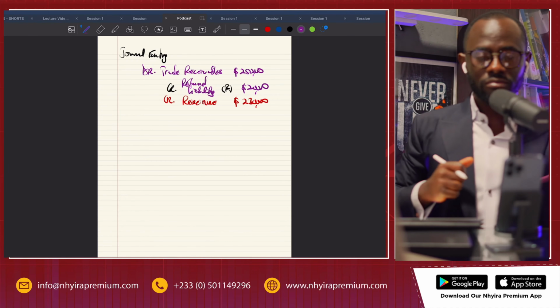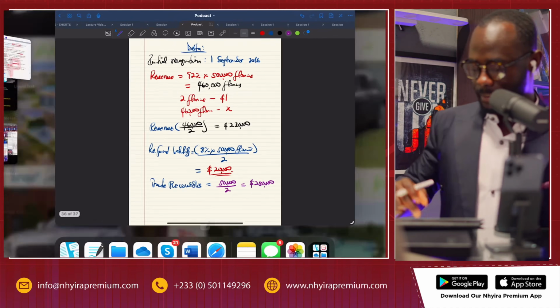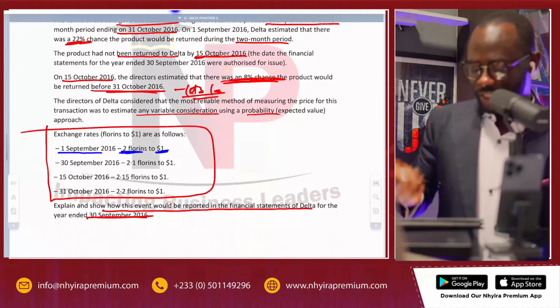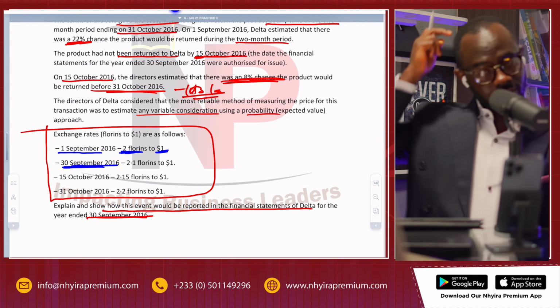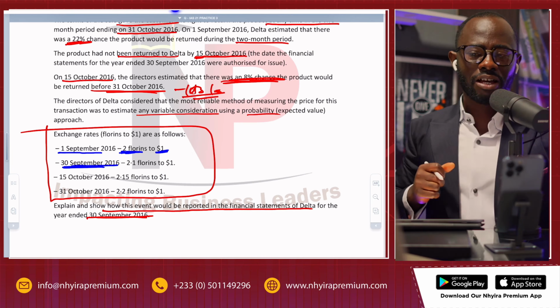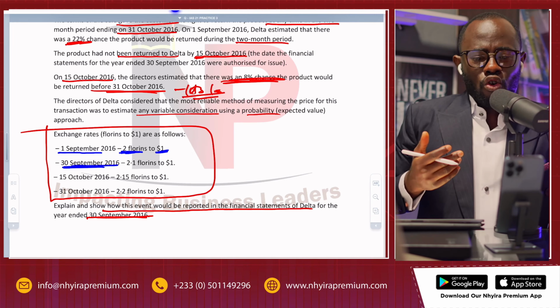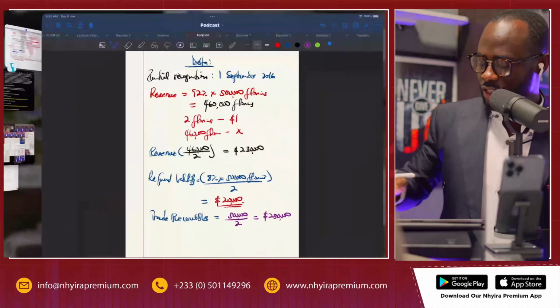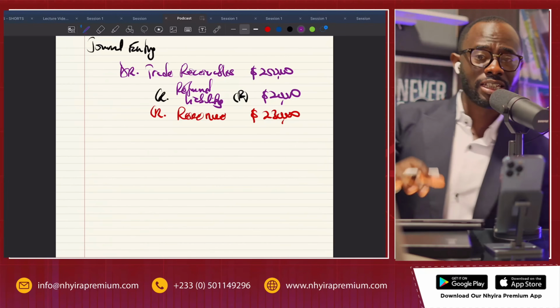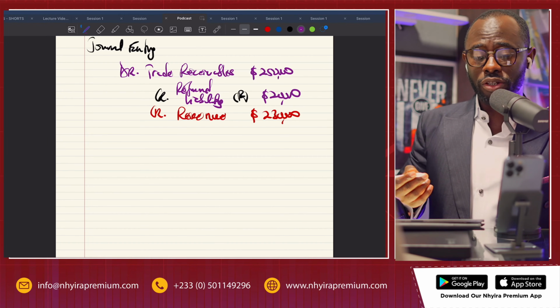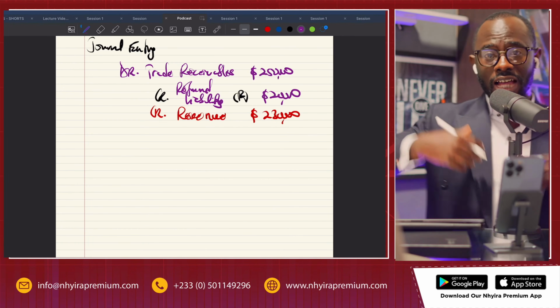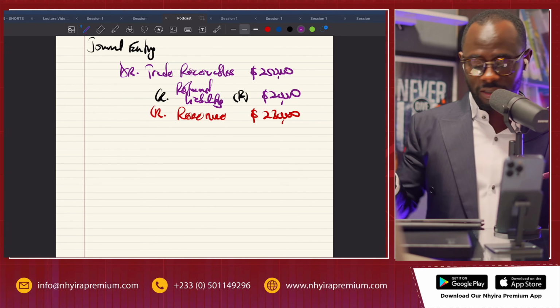Now, subsequent measurement. At the reporting date, which is the 30th September 2016, the debt is still outstanding, isn't it? So remember, the trade receivables is a monetary item. So we have to translate that at the reporting date.